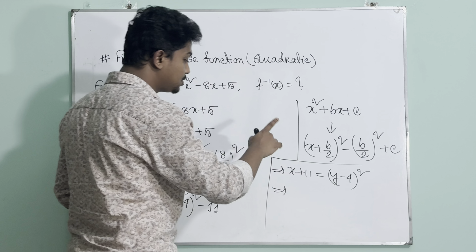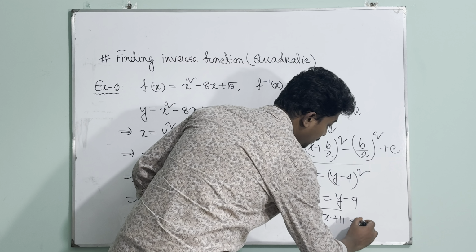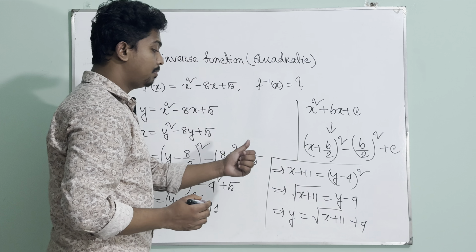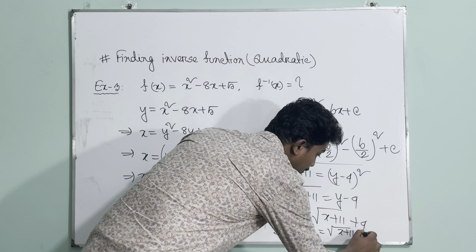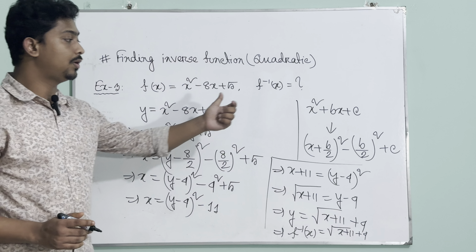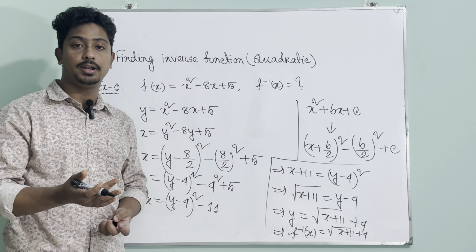Now to find y, you can just move the minus 4 to the other side as plus 4. So that's it. But remember, you need to replace the y with the inverse function. So you have to write f inverse of x equals the square root of x plus 11, then plus 4. That's it. That's how you can just follow the completing the square and you can easily find the inverse of any quadratic function.